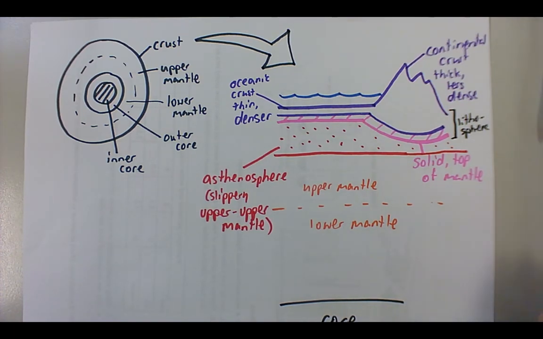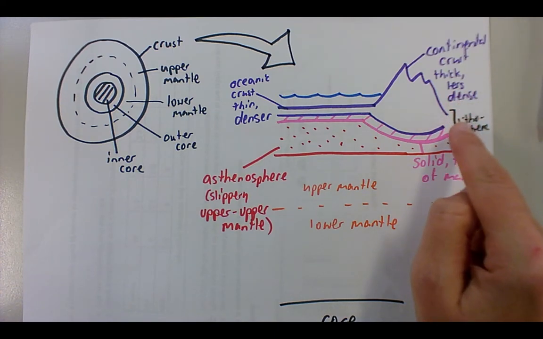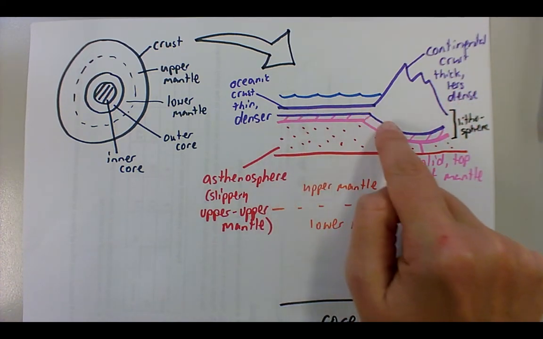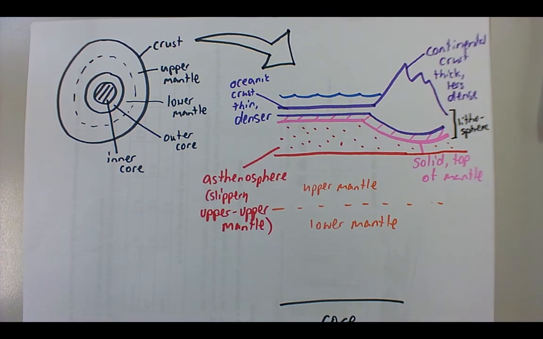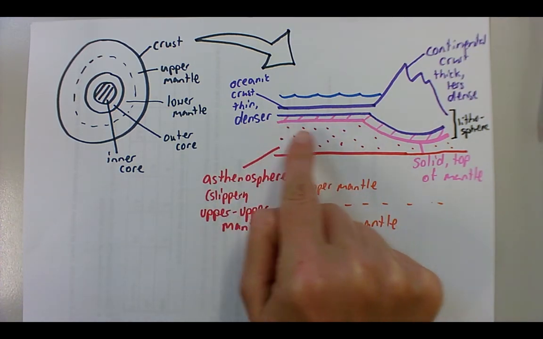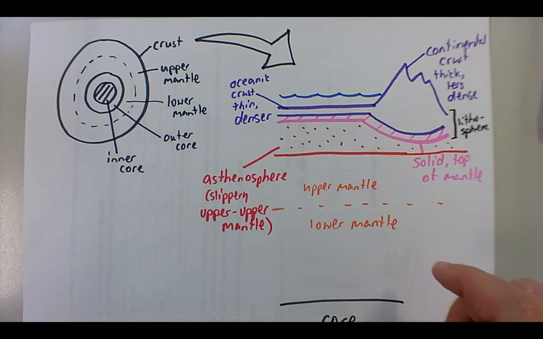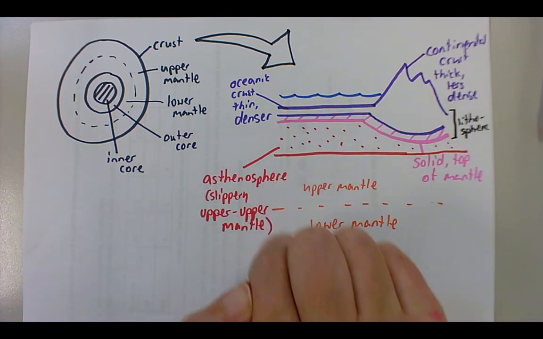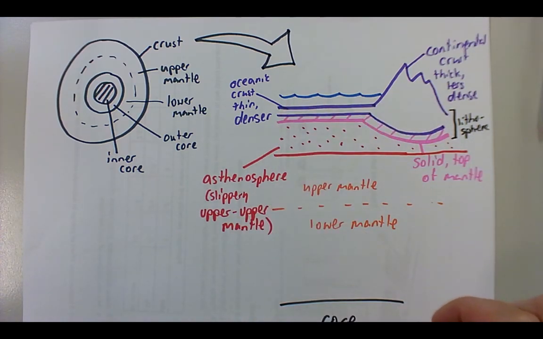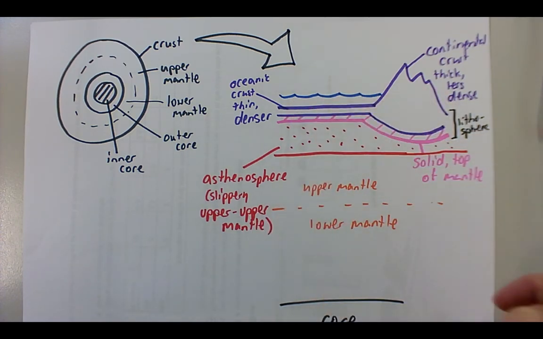If you're interested in learning more terms than that, the lithosphere technically includes this thin, solid top of the mantle, and the asthenosphere is this very slippery little layer at the upper mantle that allows a bit of movement of those crust, which is the tectonic plates, sitting on top of it.